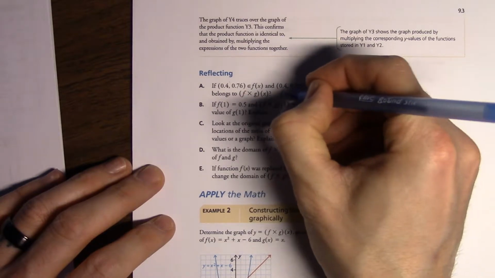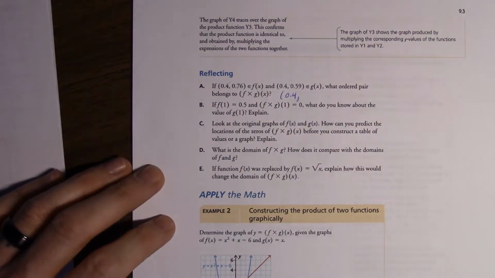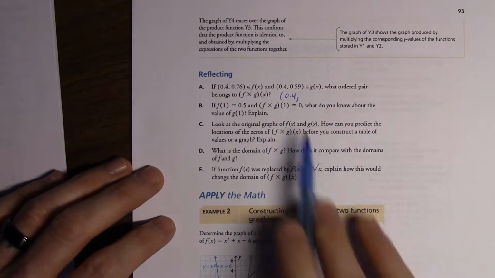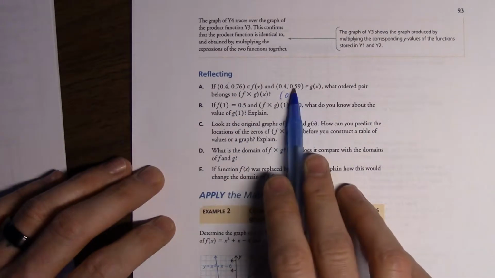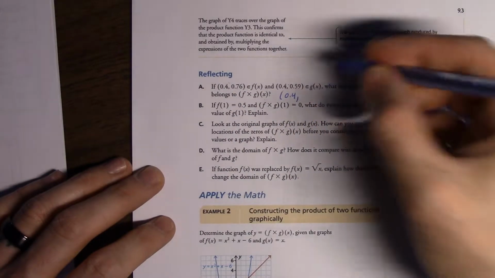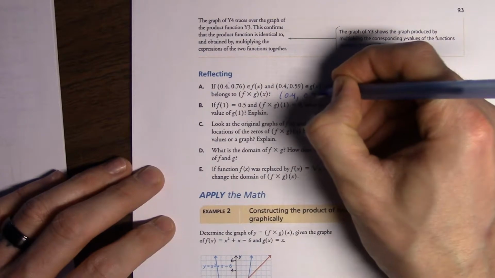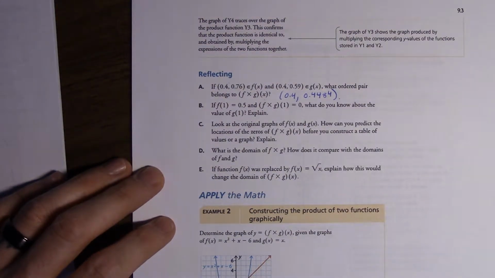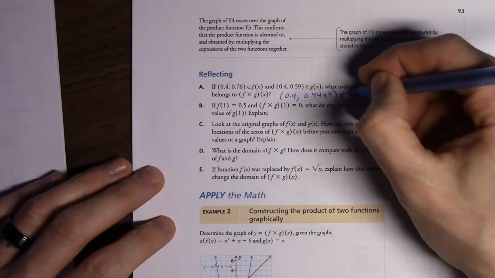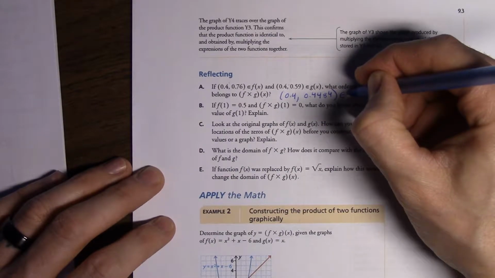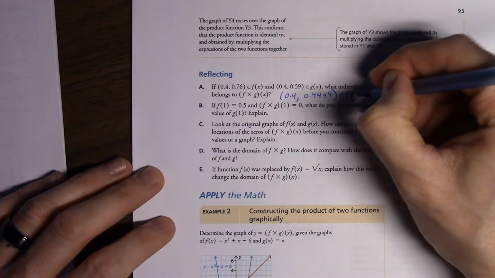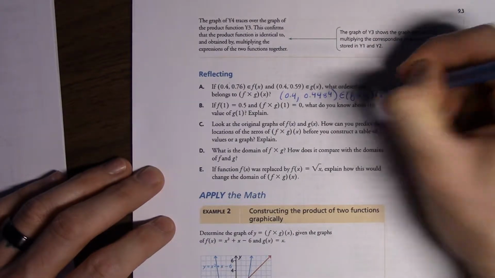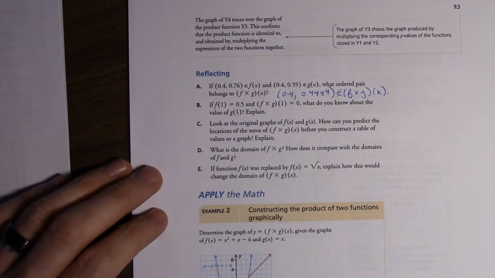So the product would be 0.4, the x value, which again stays the same, and your y value would now be 0.76 times 0.59. I think that's 0.4484. So that would be your value in your product function.